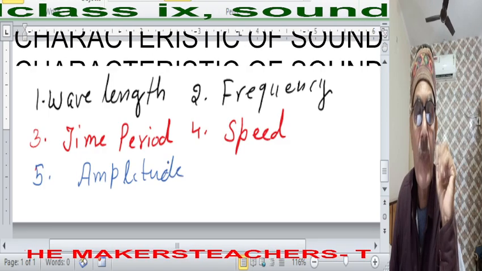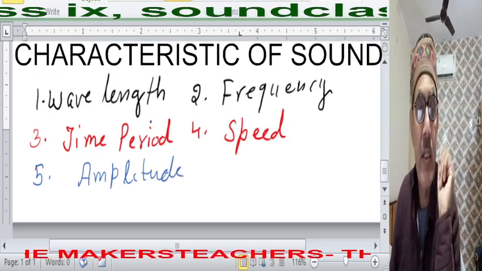Okay, these are the characteristics of sound wave.